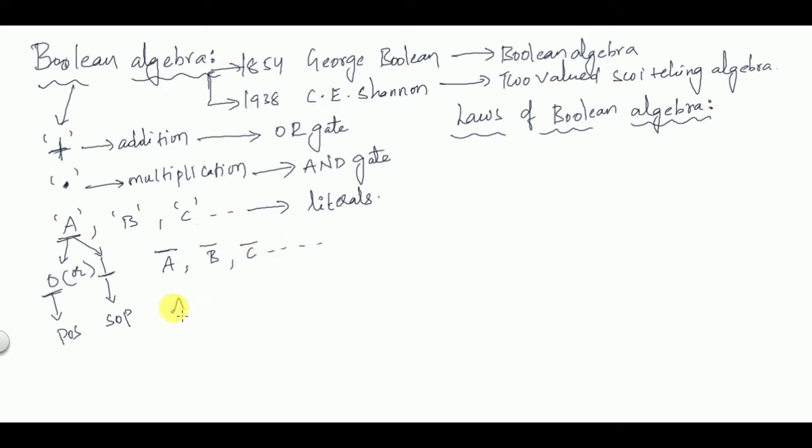If A is equal to 1, then A bar is equal to 0. So A and A bar are complements of each other. These are called complemented literals.